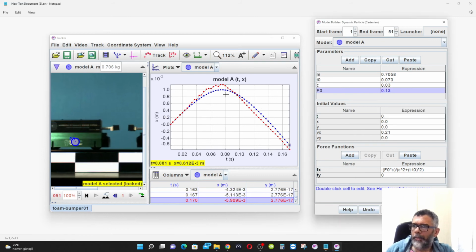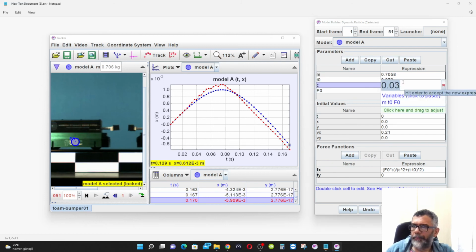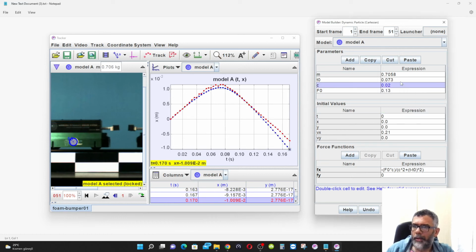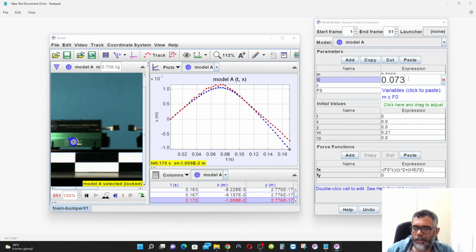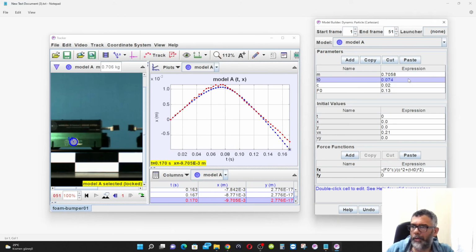But I think we also have to play with this, maybe 2. Okay, and what about this, 72? Change a little bit. Okay, let's keep this value, or maybe more.